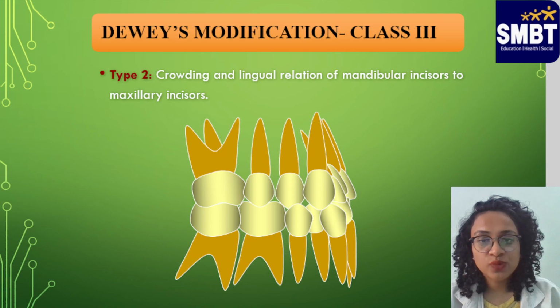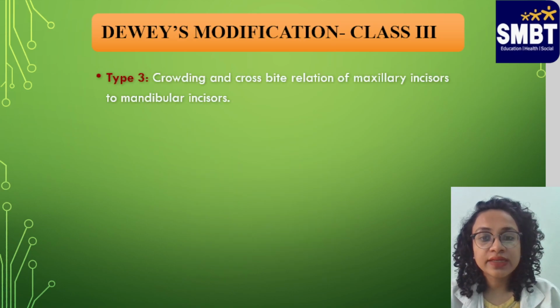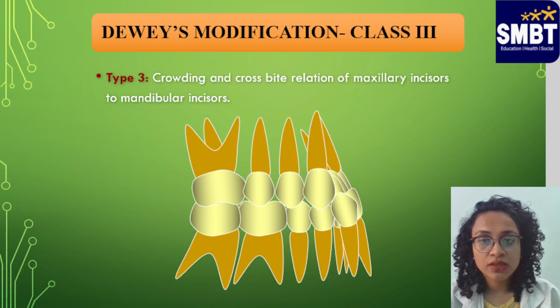Now next is type 2, when you see the crowding and the lingual relation of mandibular incisors to the maxillary incisors. We can appreciate in this diagram, the molar relationship is class 3, and also in the anterior portion there is crowding of the mandibular incisors and they are placed lingually as compared to the maxillary incisors. And the type 3 modification is when there is crowding and crossbite relationship of the maxillary incisors to the mandibular incisors.